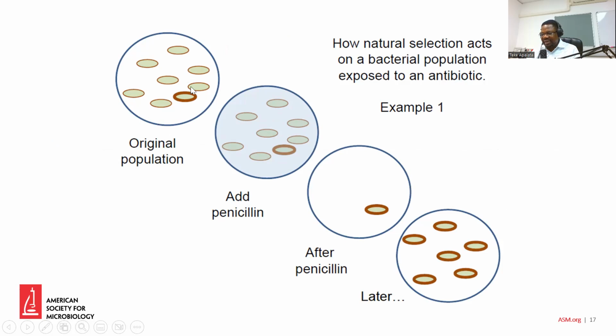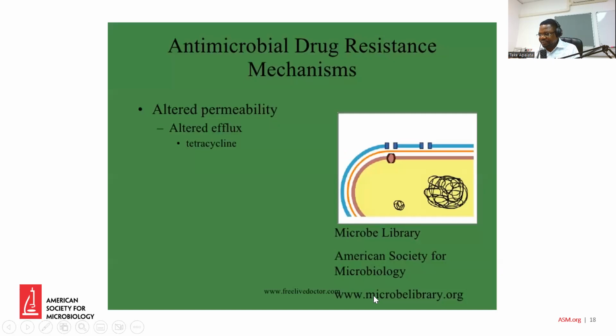But the bacterial cell that mutated is the one that will remain, and the mutant will then replicate, and later on we have a microbial population made up only of resistant bacteria. The effect of mutation can be manifested in several ways.